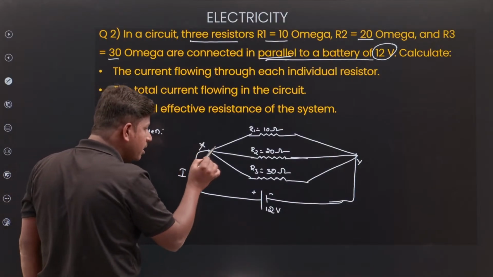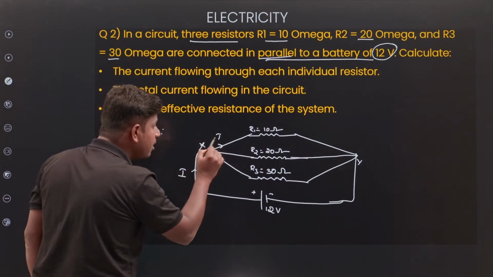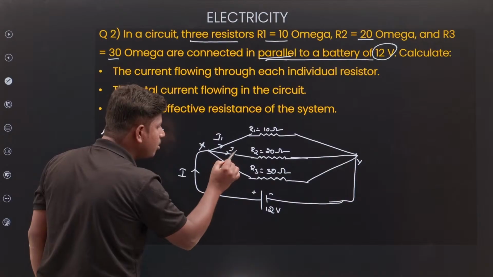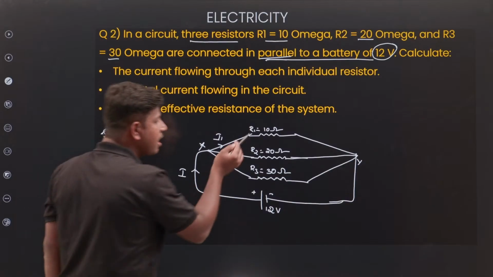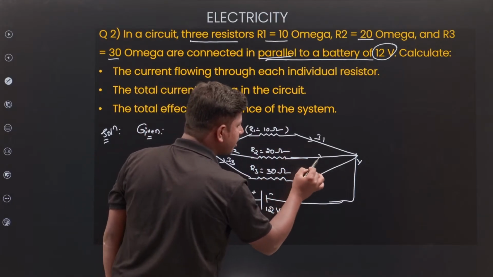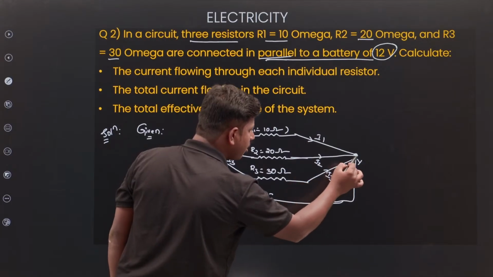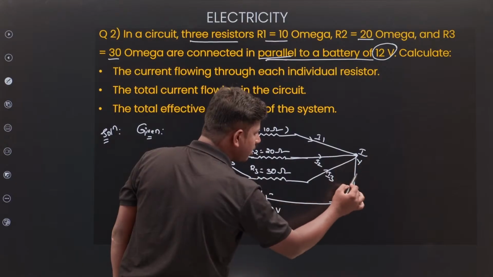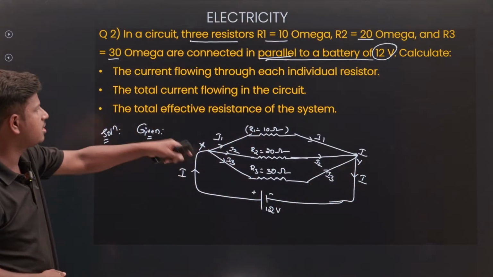At X, the current is divided because 3 paths are there: I1, I2, I3. After passing the resistors, again at point Y all are mixed, and I is the amount of current coming back to the battery. This is the diagram.